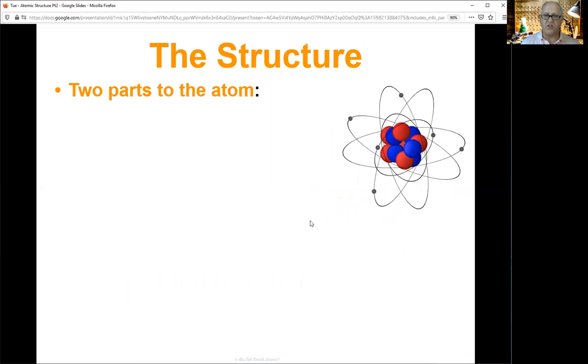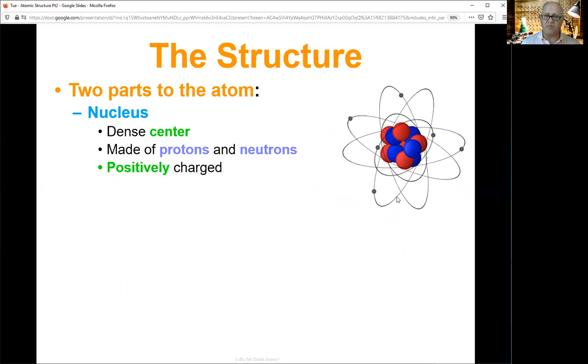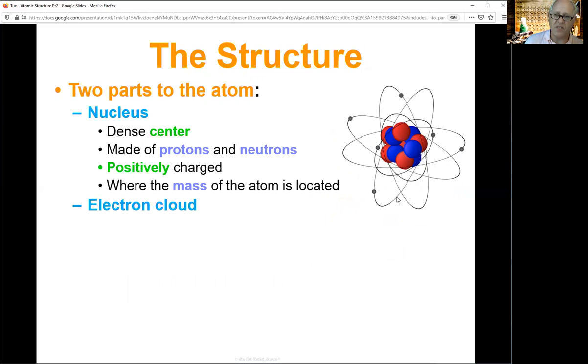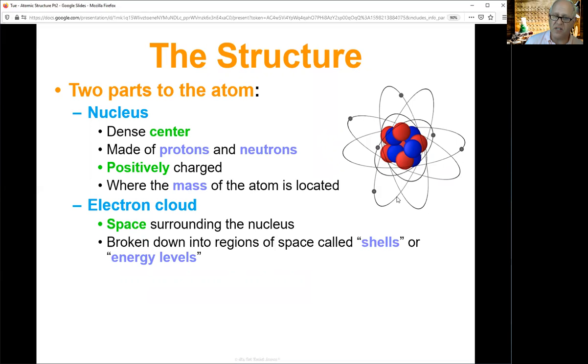Continuing with the structure, there's two parts to the atom. You've got the nucleus, which is the dense center. It's made of protons and neutrons. It's positively charged. And that's where the mass of the atom is located. The electron cloud is the space surrounding the nucleus. It's broken down into regions of space called shells or energy levels.